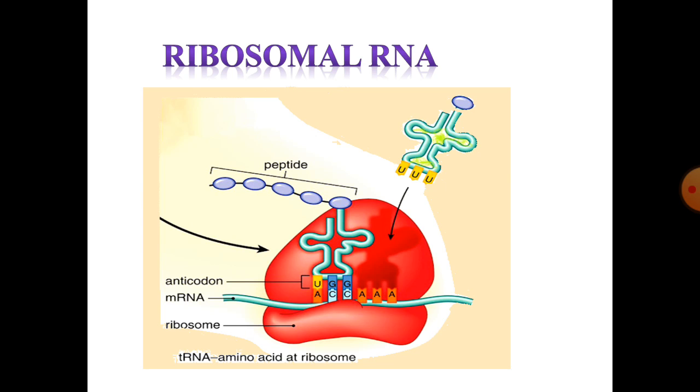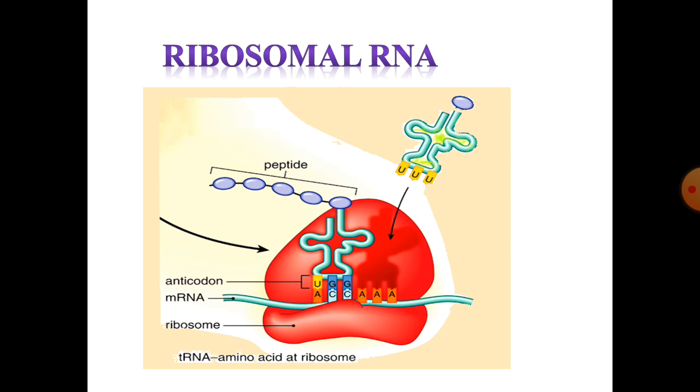The tRNA will have the anticodon for that, that is UAC, which links to the codon present in the mRNA exactly, and another tRNA occupies the subsequent site and aids the formation of the peptide bond, that is the covalent bond, between the N terminal and the C terminal of consecutive amino acids.